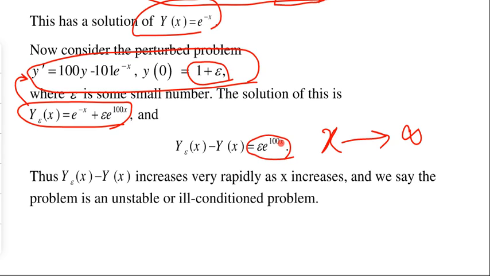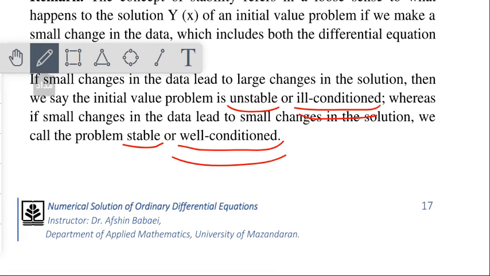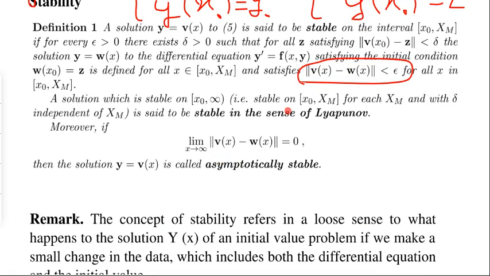When x goes to infinity, epsilon times e to the 100x will go to infinity. So y epsilon minus y increases very rapidly when x increases to infinity. So from this definition, this difference will not go to 0.